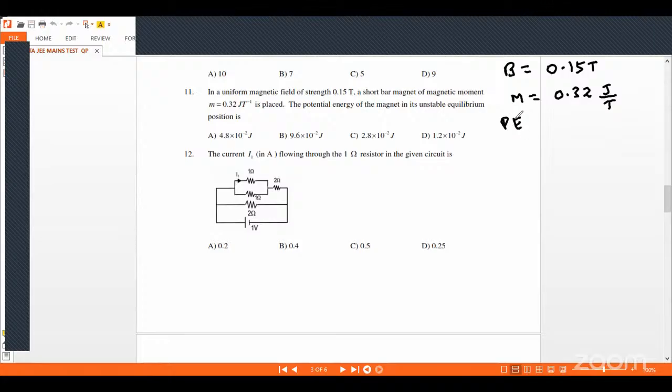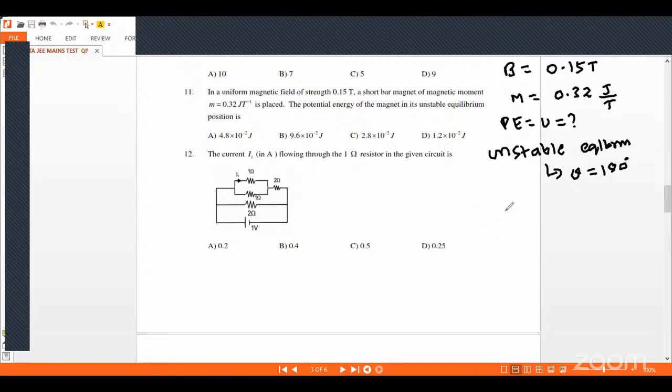Potential energy will be indicated with U. Unstable equilibrium means theta equal to 180 degrees.